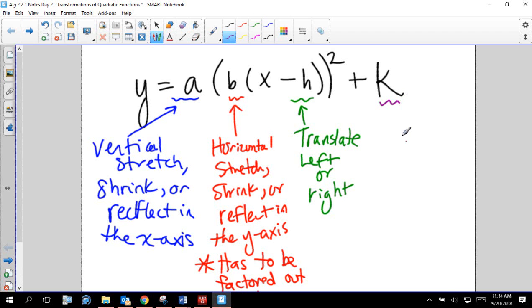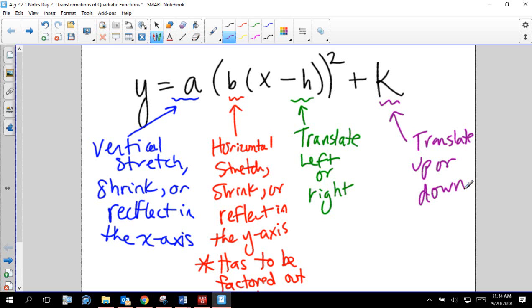And then our favorite, translate, where? Up or down. So that is a summary of every single transformation that you're going to do in the ever.